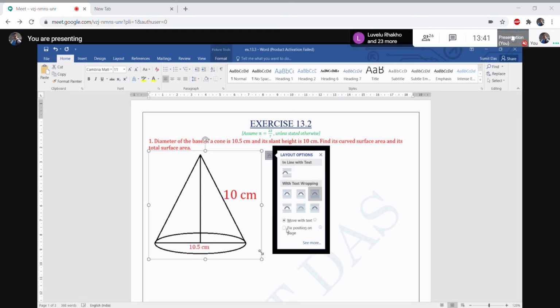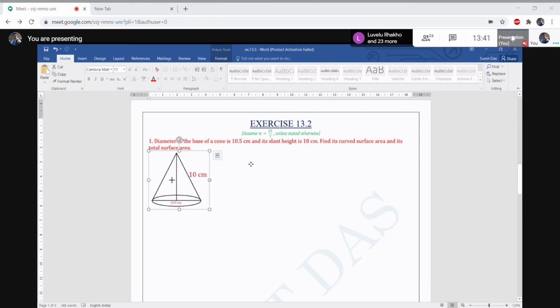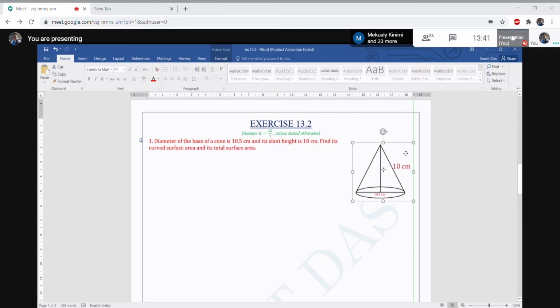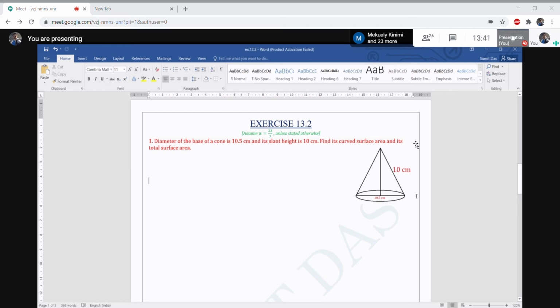You can see that slant height is given as 10 and the diameter is given as 10.5. So basically we have to write the solution here. Diameter of the base is 10.5 centimeter.